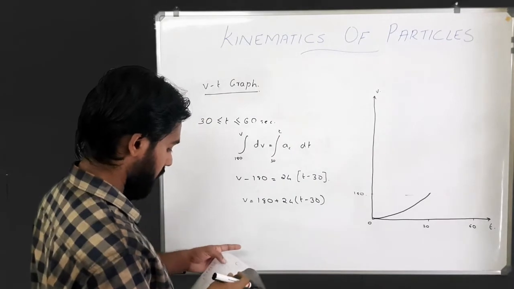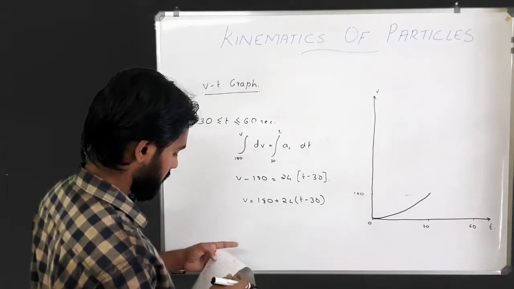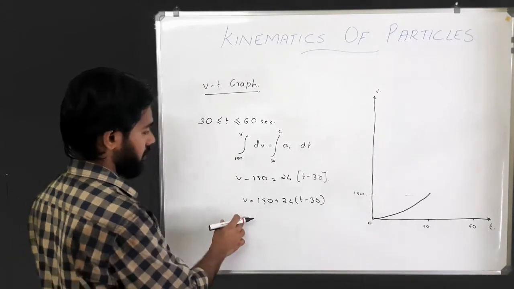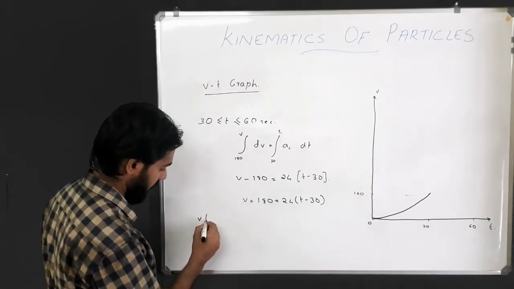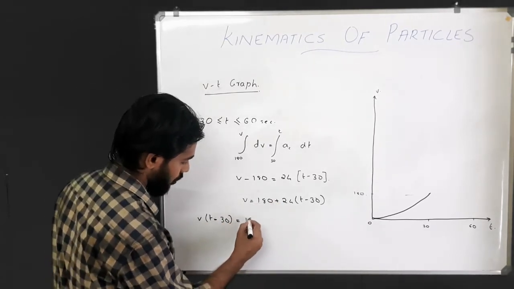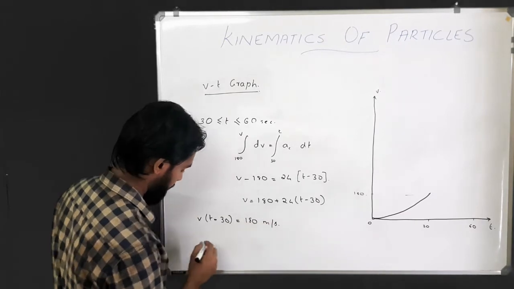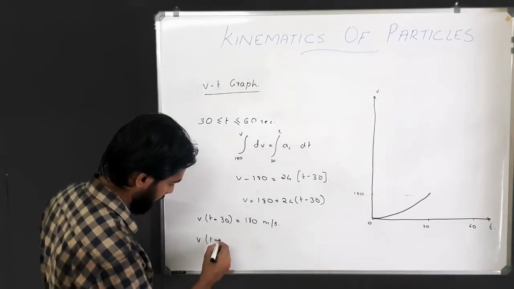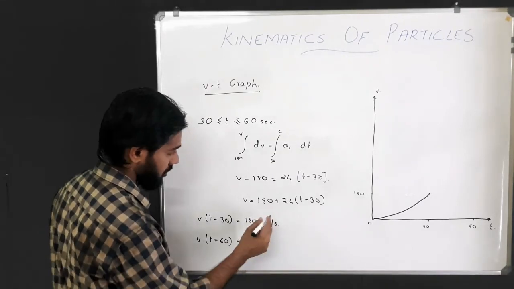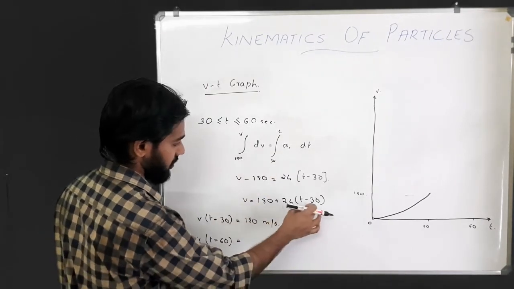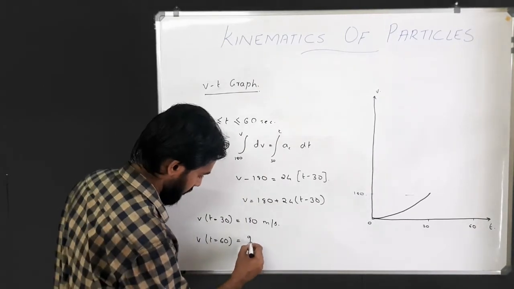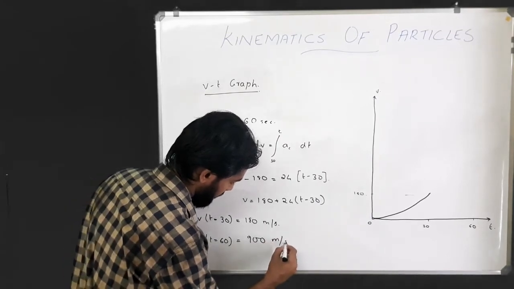Now this equation will turn out to be... Now if I substitute the end conditions, v at t equals 30, I'll get 180 meter per second, and at the final boundary condition t equals 60 seconds, if I substitute 60 minus 30, 30 into 24 plus 180, I think the answer is 900 meter per second.